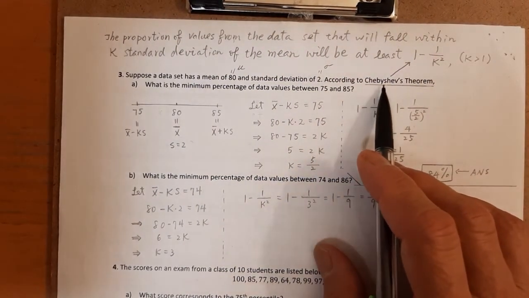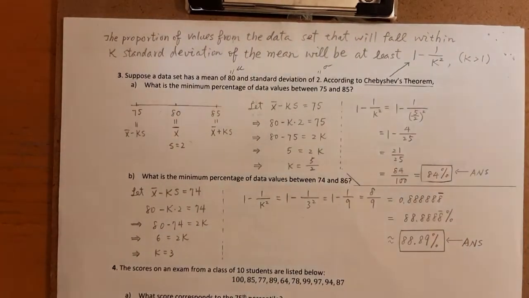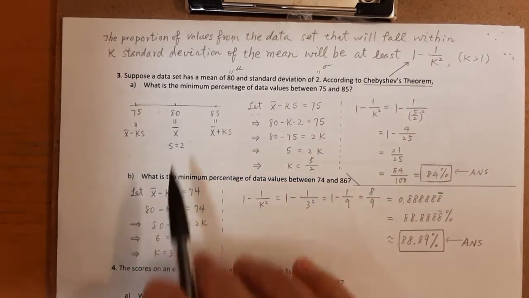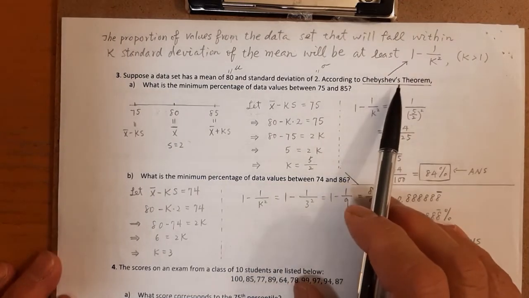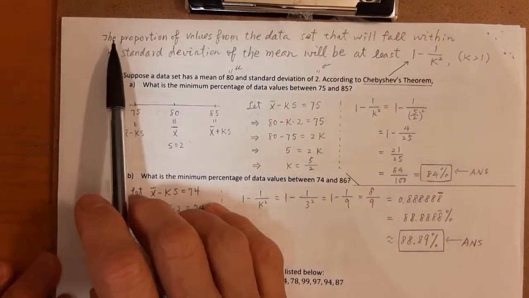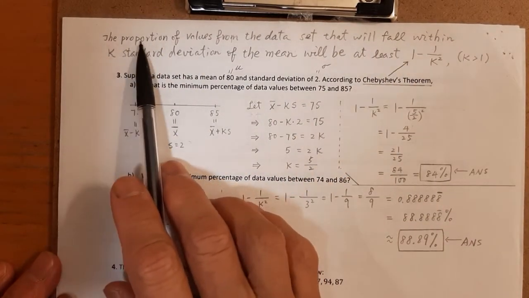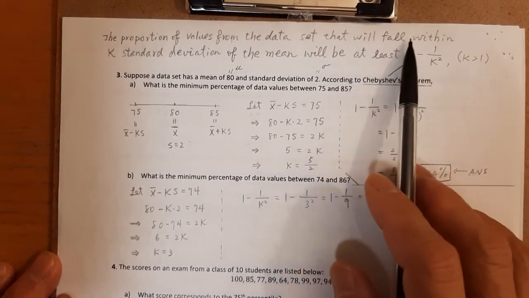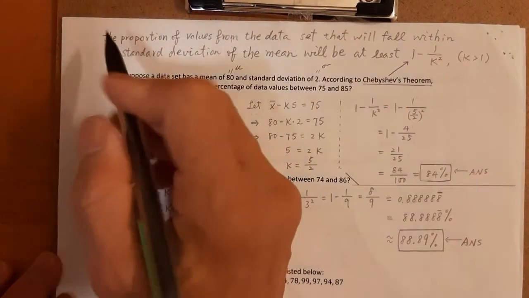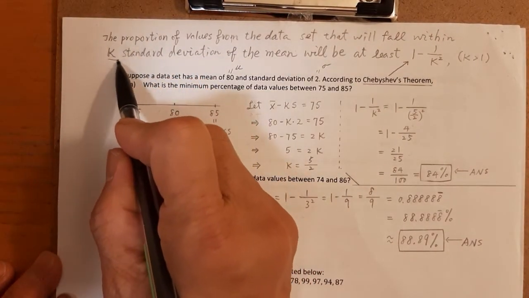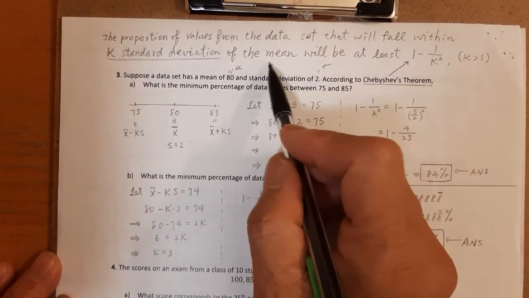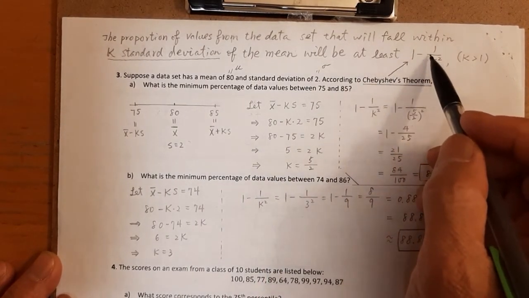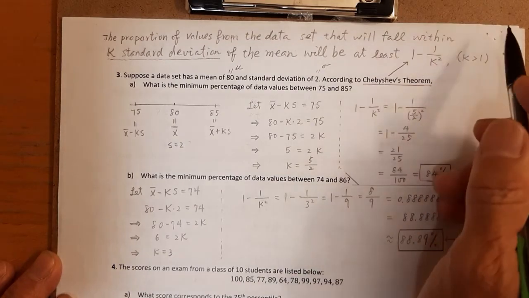According to Chebyshev's theorem. What is Chebyshev's theorem? According to Chebyshev's theorem, we do the following A and B. The proportion of values from the data set that will fall within K standard deviations of the mean will be at least 1 minus 1 over K squared.